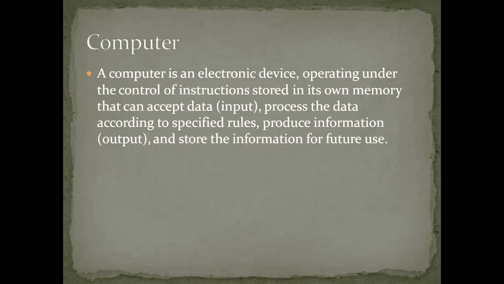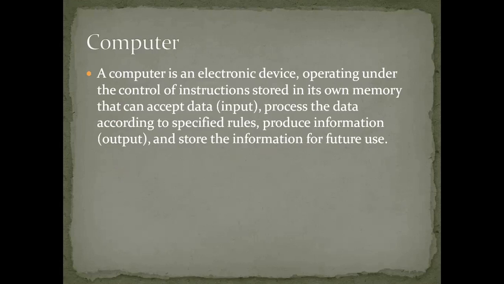So first, what is a computer? A computer is an electronic device or electronic machine for storing or processing data, typically in binary form. Based on the instructions, the computer will perform arithmetic and logical operations.